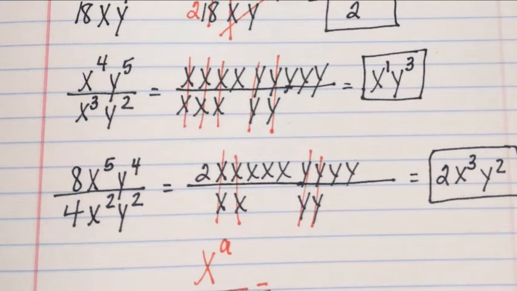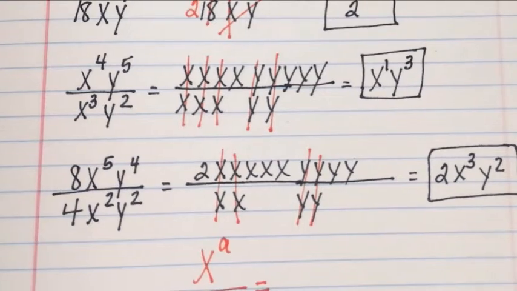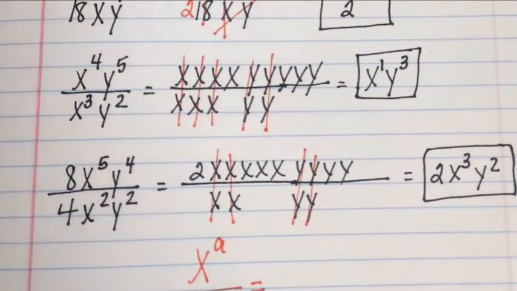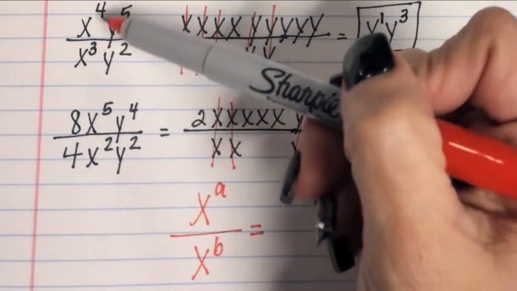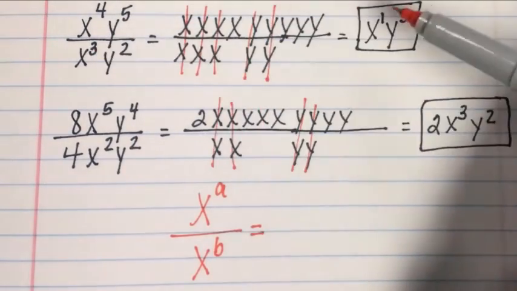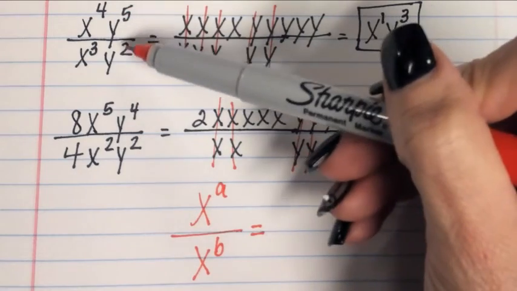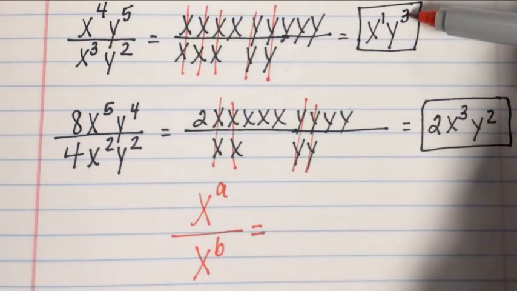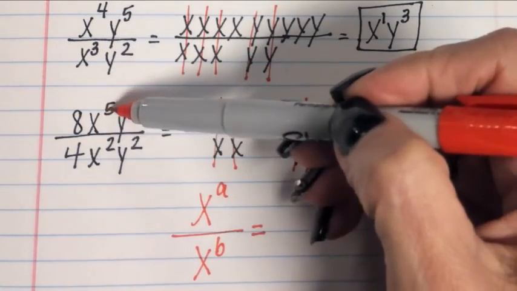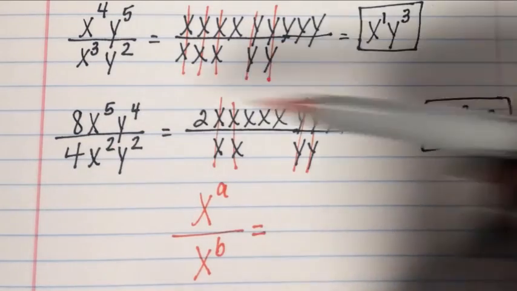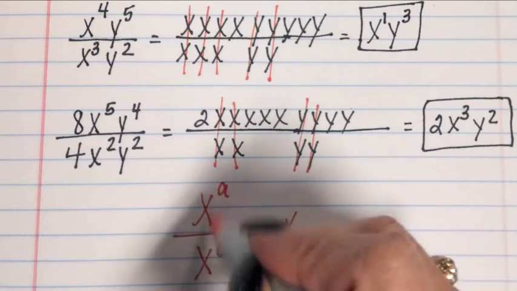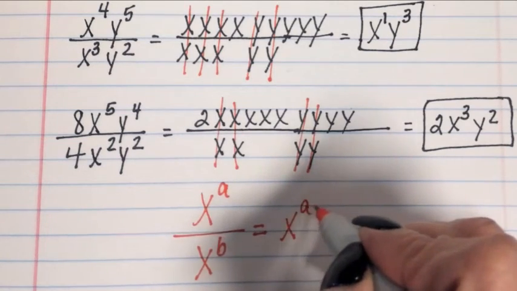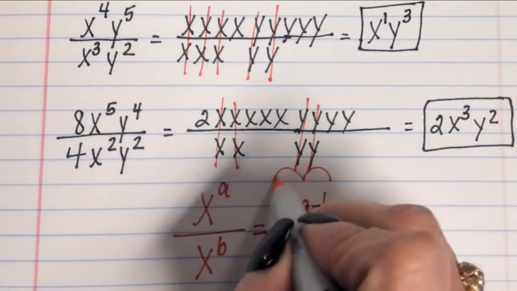When you divide, what operation are you actually doing with your exponents? 4 minus 3 is 1. 5 minus 2 is 3. 4 minus 2 is 2. So when you are dividing exponents, you're actually getting smaller because you are subtracting them.